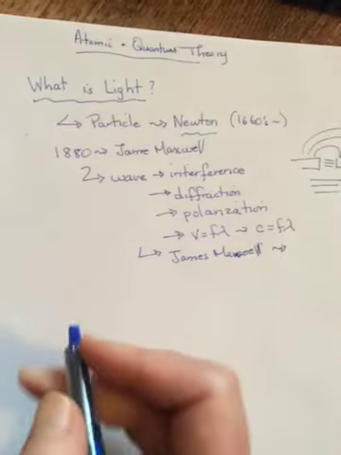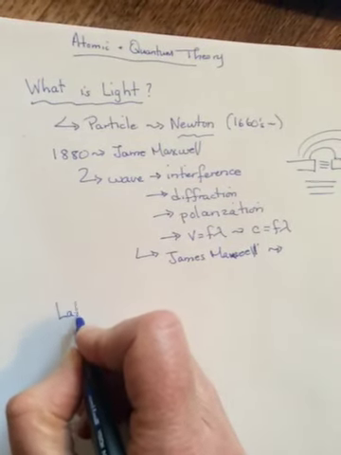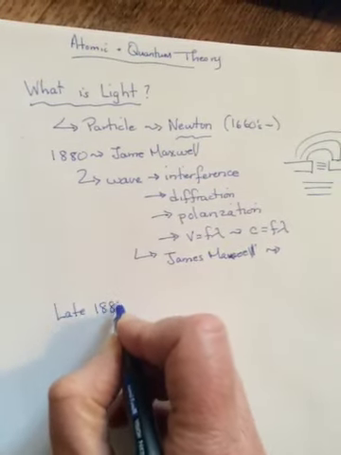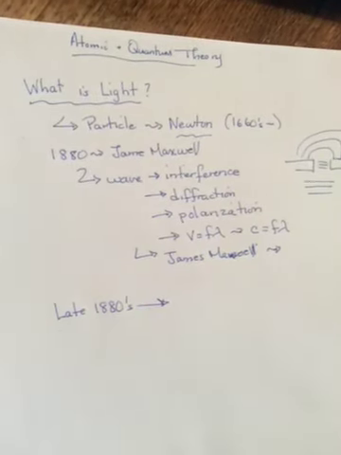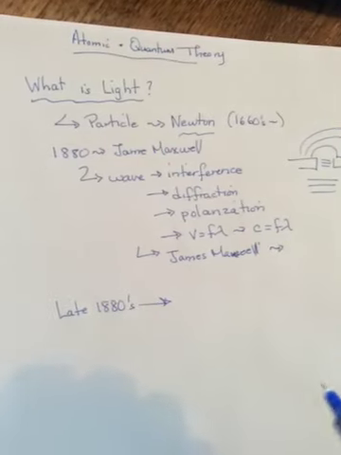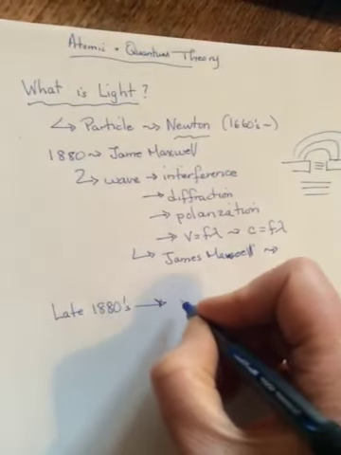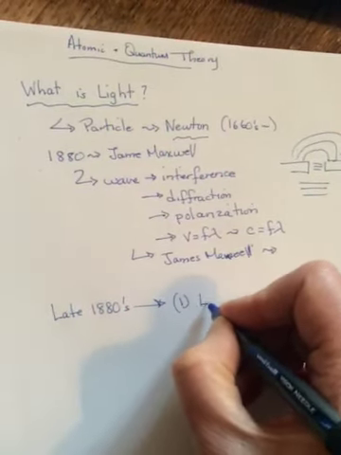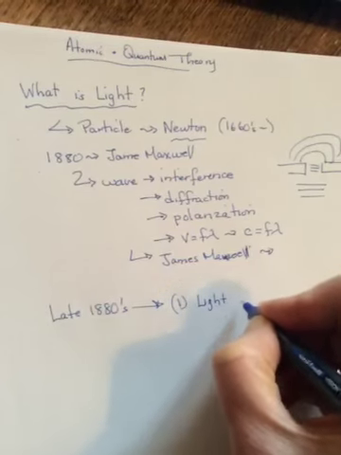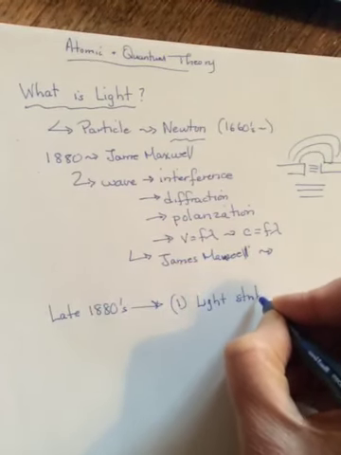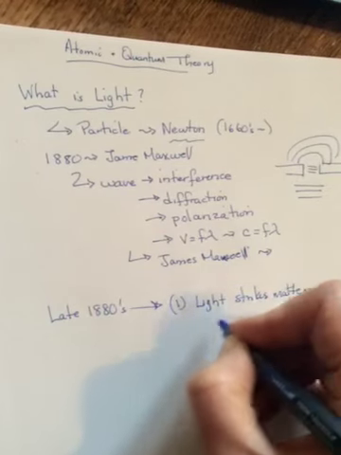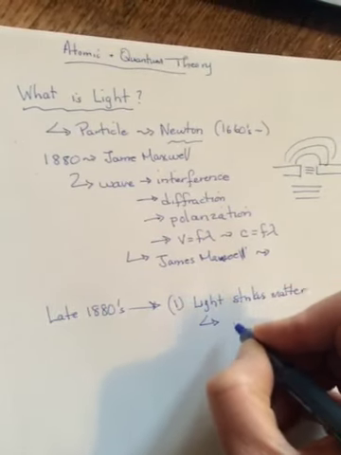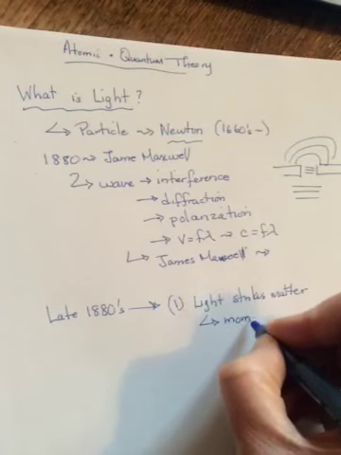But then, by the late 1800s, 2 things came up that could not be explained if light was a wave. One was that when light strikes matter, some of its momentum is transferred to the particles of the matter.